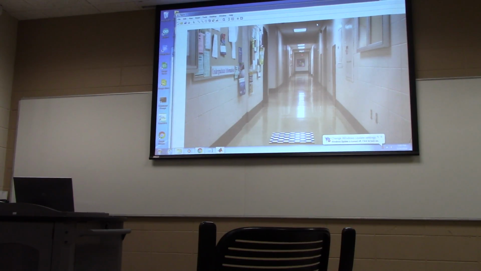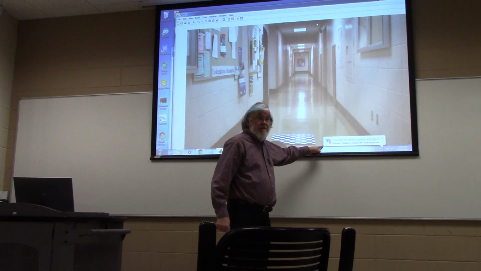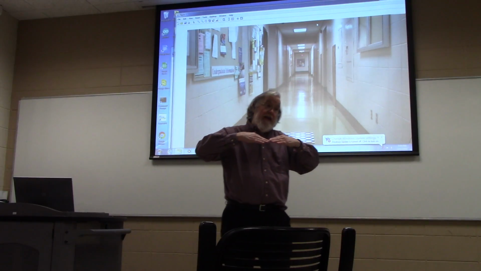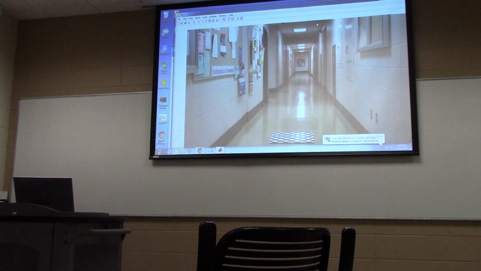How do I know that? Look at the bottom of the picture, that's the bottom part of the camera, and look at the checkerboard relative to it. There's not a big angle, but there's a distinct angle between the checkerboard and the bottom part of the camera. So I think the camera is a few degrees different from looking mostly straight down the hallway, but there's a little shear to it.